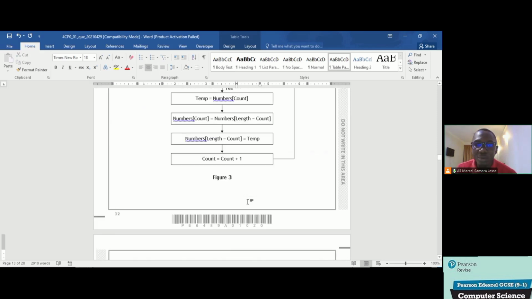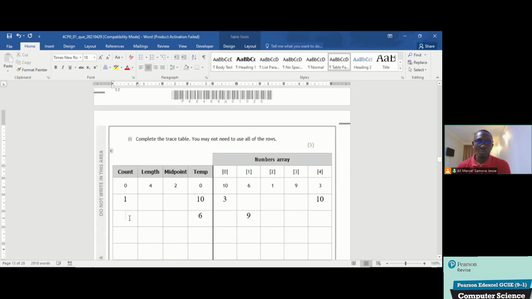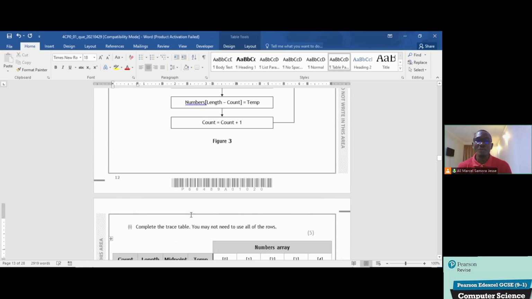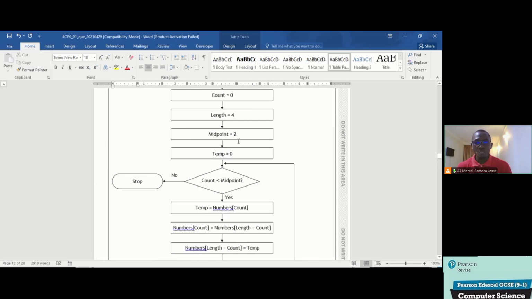Then we continue and move to the next. Count equals count plus 1. Remember, we had traced count to be 1, so it is equal to 1 plus 1, that is 2. So this 2 will be put under here, and we shall have met the midpoint.